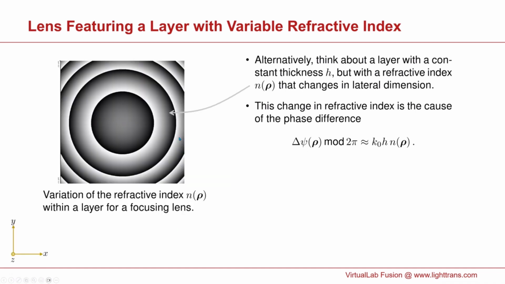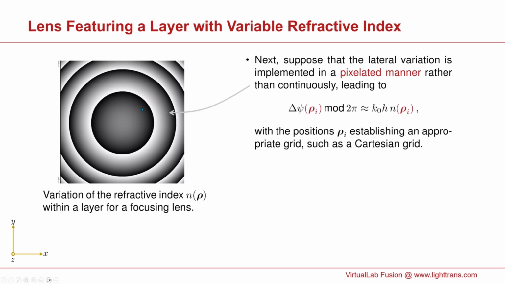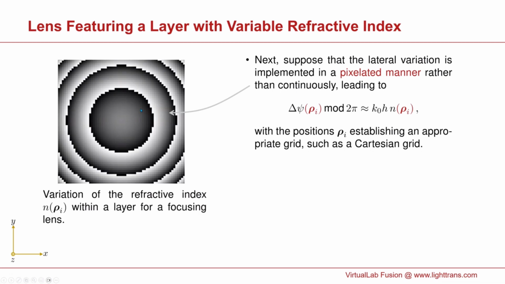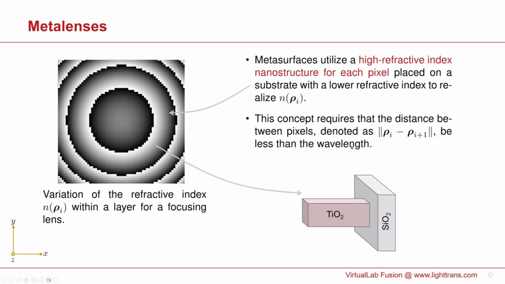And next, suppose that the lateral variation here is implemented in a pixelated manner. That looks like this. So it's not continuous, it's pixelated, leading to the delta psi being met by the constraint here just in pixels. So x and y, these are the positions, establishing an appropriate grid such as a Cartesian grid. The metasurfaces now utilize a high refractive index nanostructure for each pixel here.